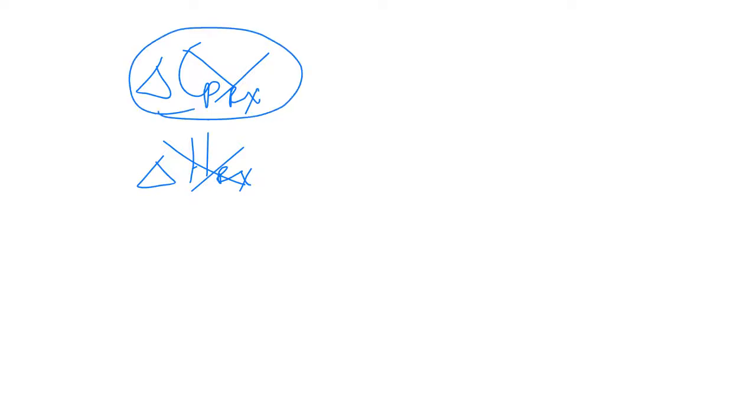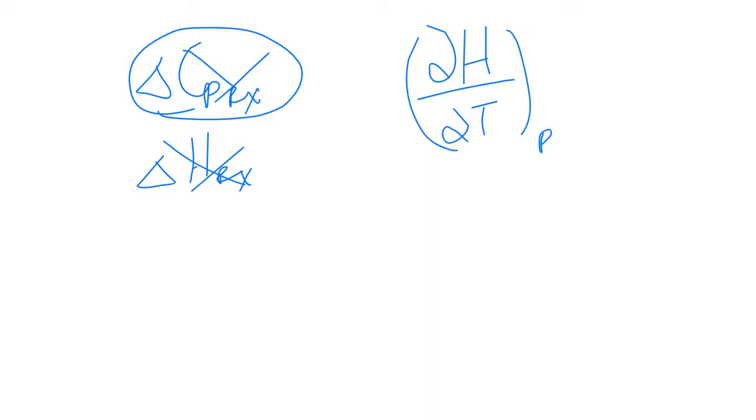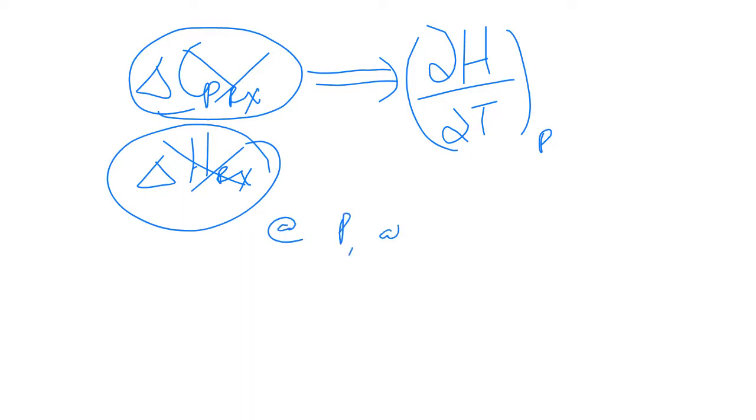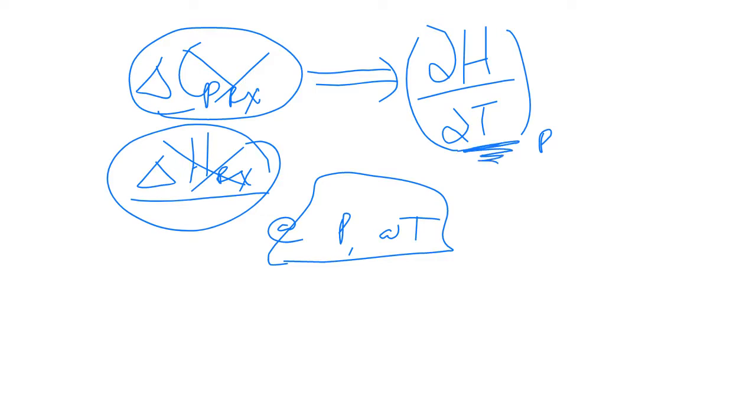This just tells us how the enthalpy changes if I change the temperature while I keep the pressure constant. This del H reaction is at a pressure and at a temperature. How does the enthalpy change if I take 2A that goes to B plus C? So they are not related in that sense.